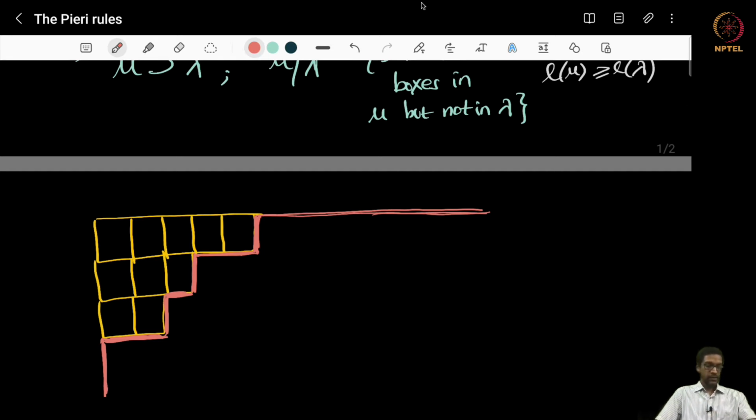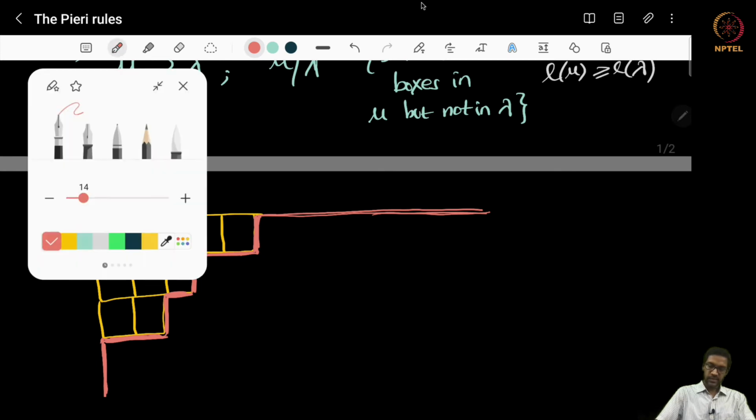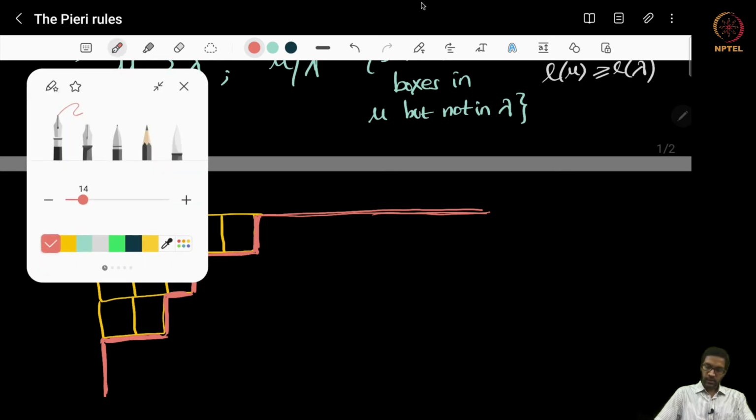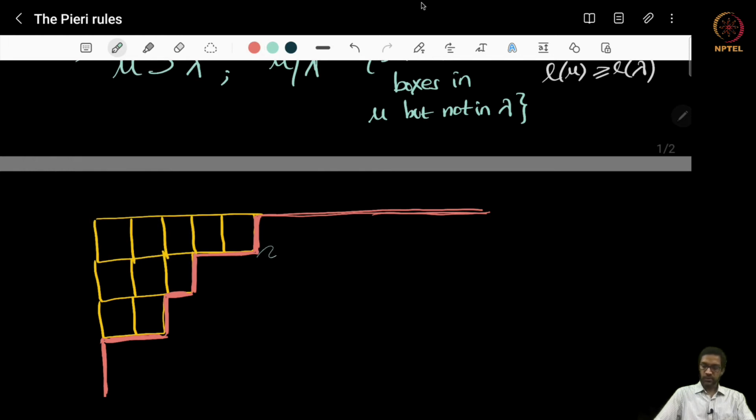Having defined the boundary, let me talk about two sets of cells. The first one, what should we call it? Let's look at the horizontal strip, or the horizontal shadow. What is the horizontal shadow of lambda? That is the collection of cells which have at least one side in common with one of the horizontal segments of this boundary.